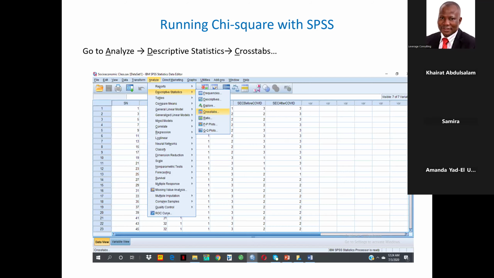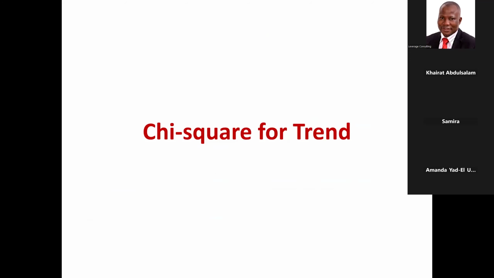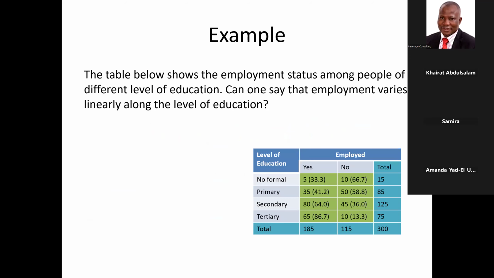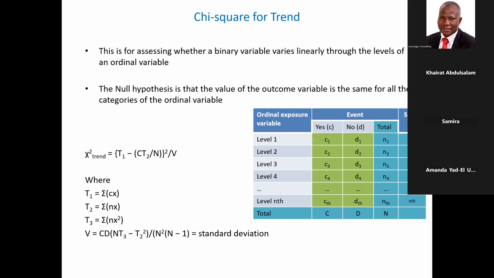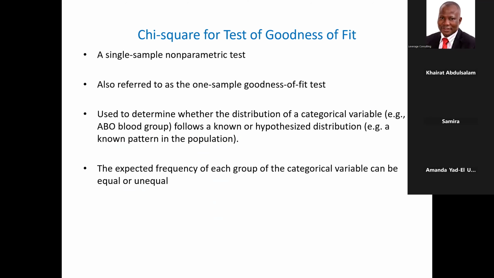I think the last one we have not discussed is McNemar-Bowker chi-square. We also discussed chi-square for trend. So I don't know if anybody has questions.